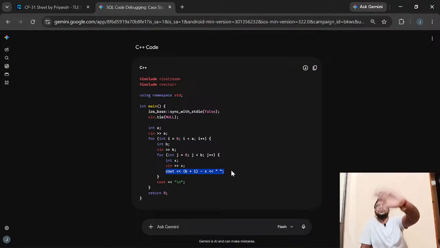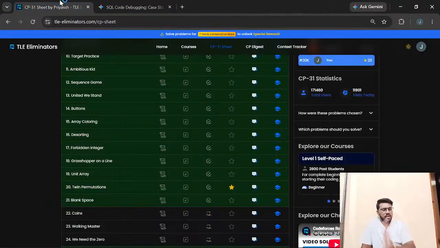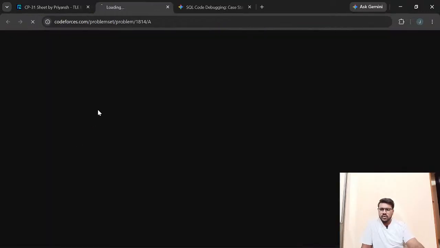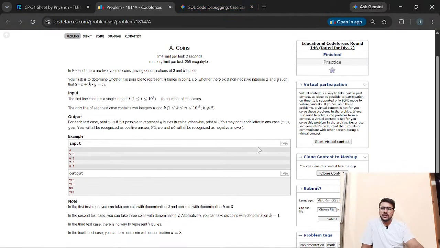Everybody's sum will be equal, right? It can be made like that. I only figured out that it should be less than. It's okay. We'll go to this problem now.